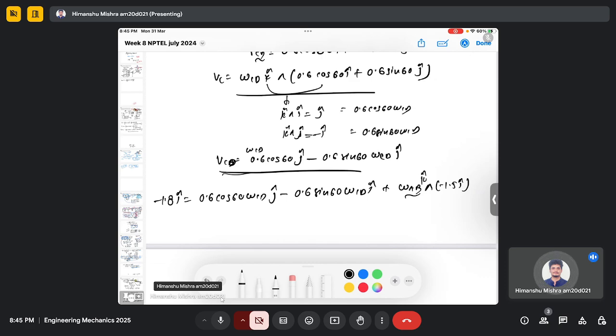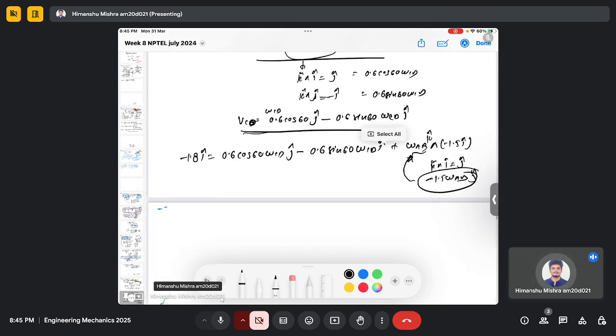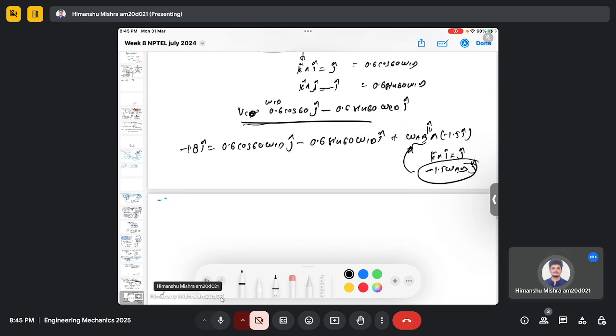So k cross product with i will give you direction j with a magnitude of 1.5 multiplied by omega BC j. So this is the vector, and now the same thing, we need to pull out the x component and y component.